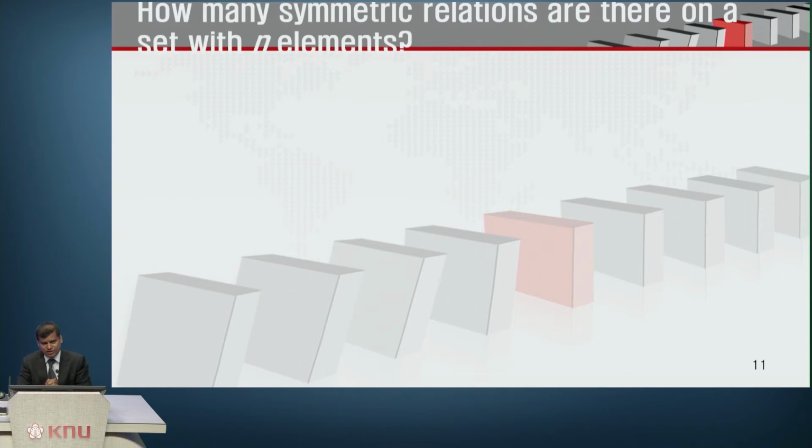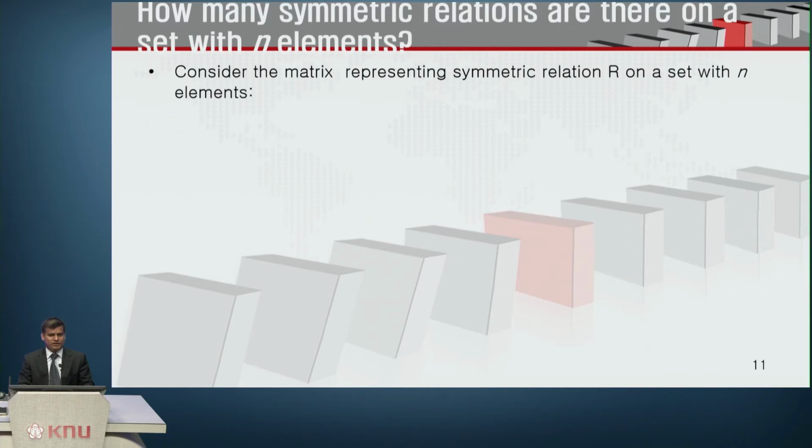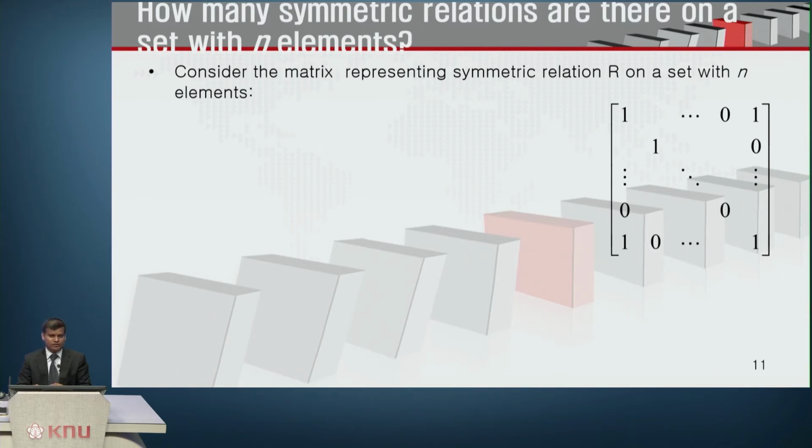How many symmetric relations are there on a set with n elements? That's quite an interesting question, right? Let's consider the matrix representing a symmetric relation R on a set with n elements. The question is how many symmetric relations you can have. Because we are talking about a general case, this is very generic.